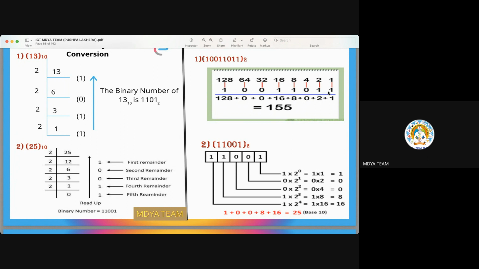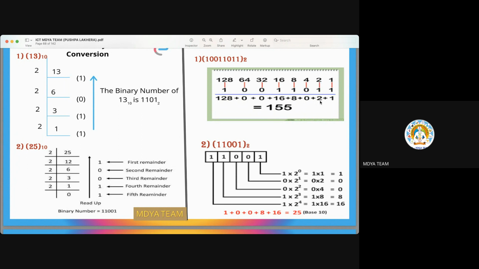All right. So the first least significant bit is 1. It is multiplied by 2 raised to 0. 2 raised to 0 is 1. So 1 into 1 is 1, plus here 2 raised to 1. 2 raised to 1 is 2. So 2 multiplied by 1 is 2.